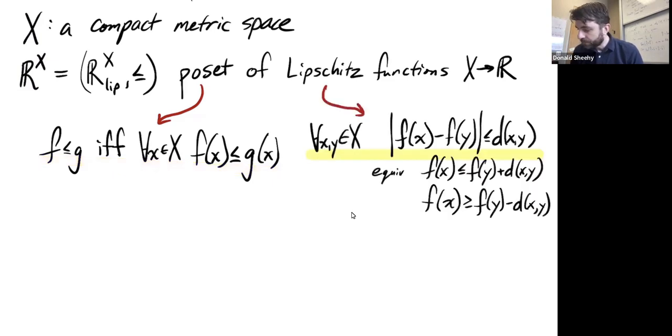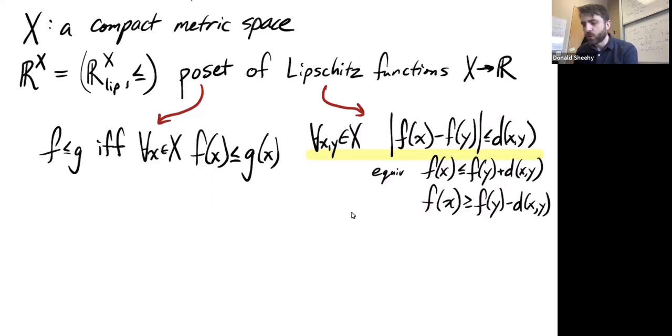And just in case you haven't seen this, Lipschitz means that the distances between points don't increase under the function. If I'm mapping into R, the metric on R is just the absolute value of the difference, so the difference in the function values is at most the distance. You might call these one-Lipschitz functions because there's an implicit one in here, but we'll just call them Lipschitz functions.